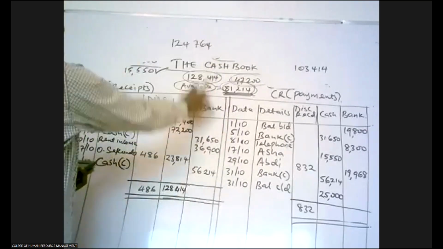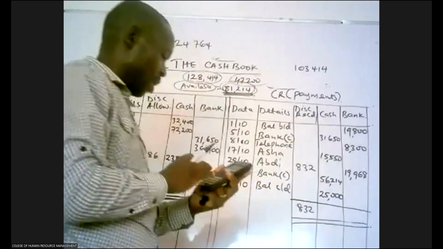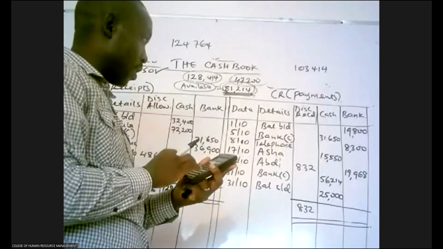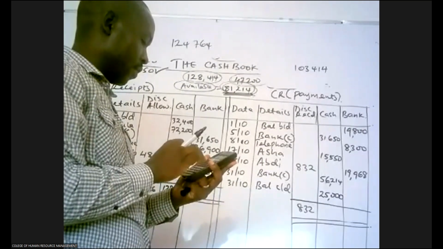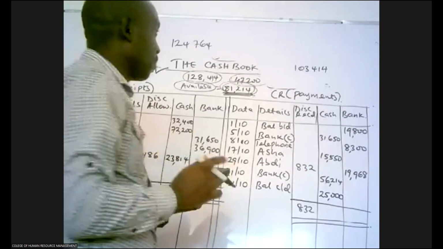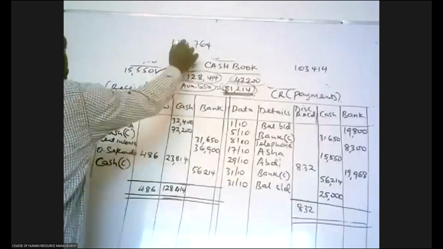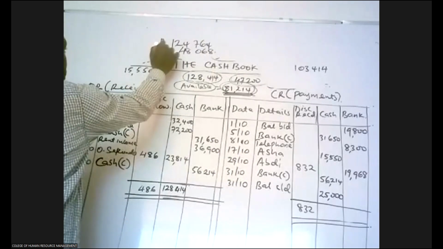What about the bank payment on this column? 19,800 plus 8,300 plus 19,968. It gives me 48,068. This is the receipt, this is the payment.